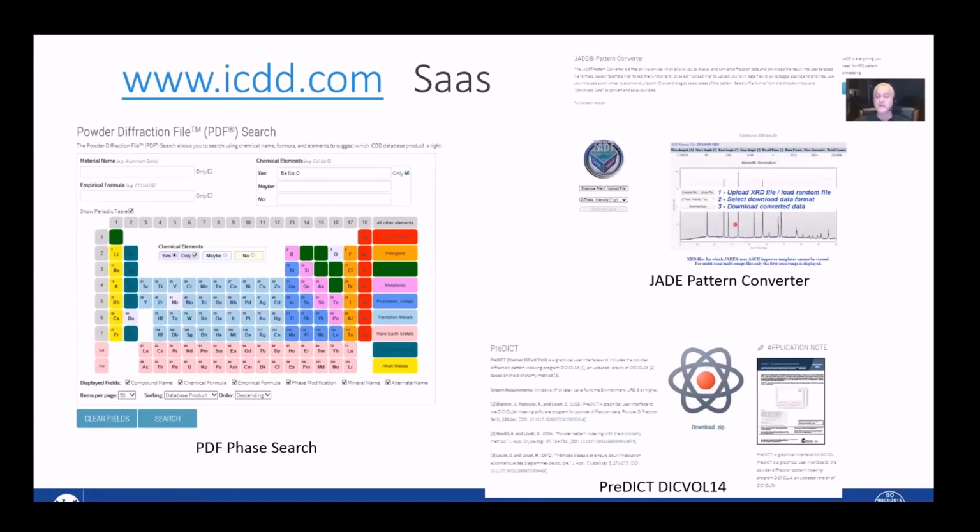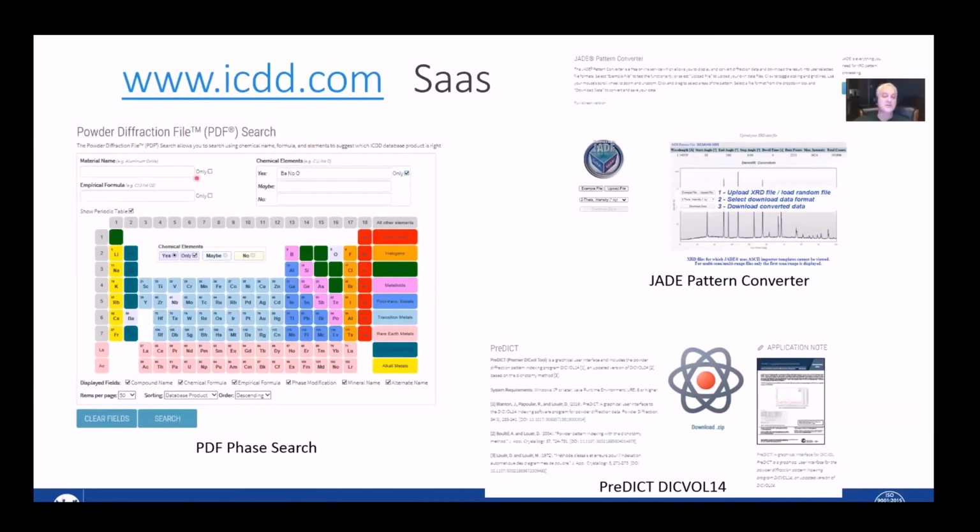We have a pattern converter where you can import your data and get a pattern visualization to see what it looks like, and convert it into an ASCII file format that can then be used in multiple diffraction analysis programs. The other thing we've added is a PDF phase search available at ICDD.com.